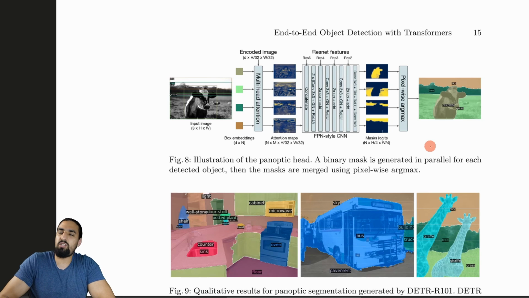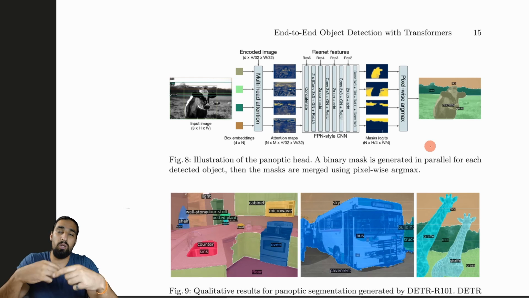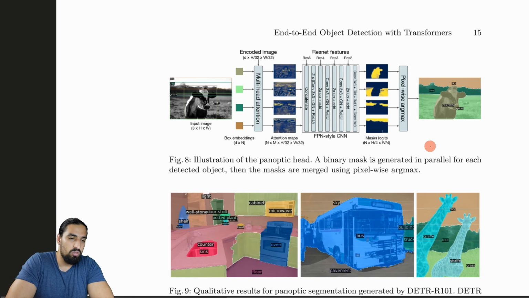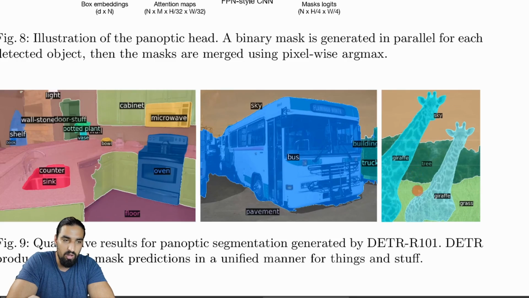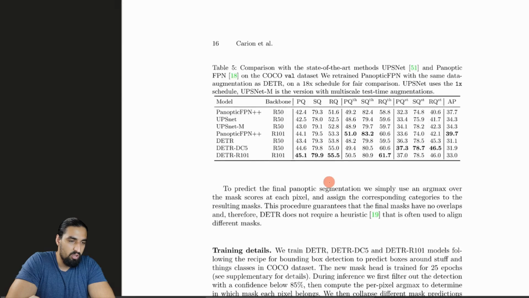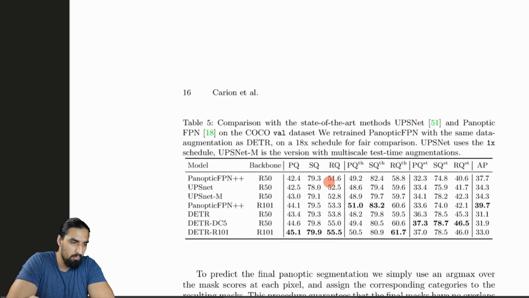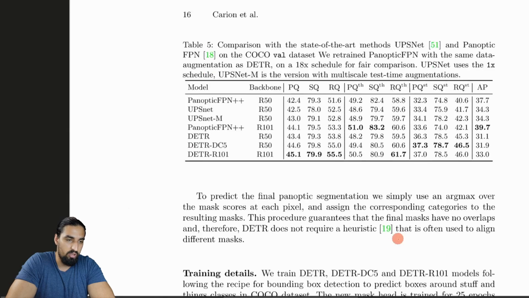The idea is they do regular object detection training of the DETR pipeline, so that remains the same, and then they append the head, freeze the DETR, and train just the head itself, and they show some nice results. You can see here segmentation of this giraffe image and bus, etc. They show that this works really well in this table, comparing it to other baselines like panoptic FPN, etc. And they report nice results there as well.